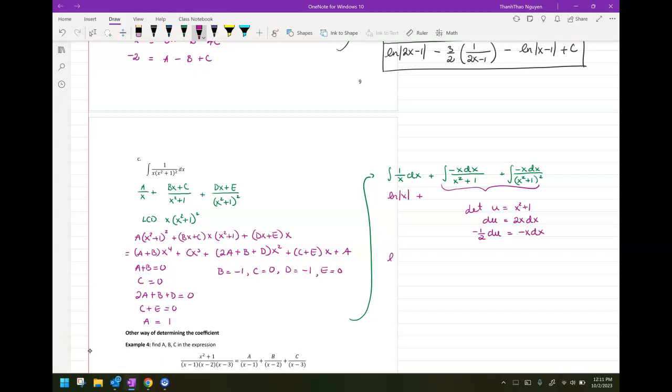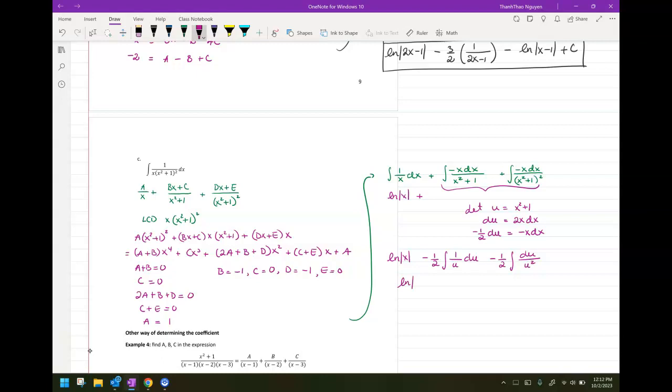So now I have ln of x minus 1/2 the integral of 1 over u du minus 1/2 the integral of du over u squared.